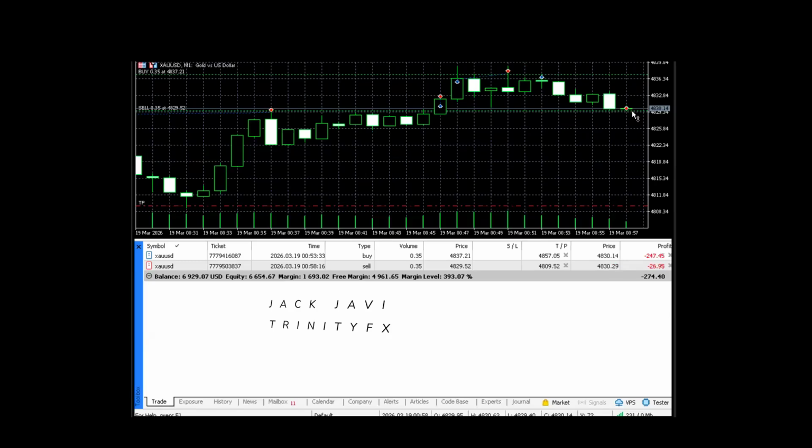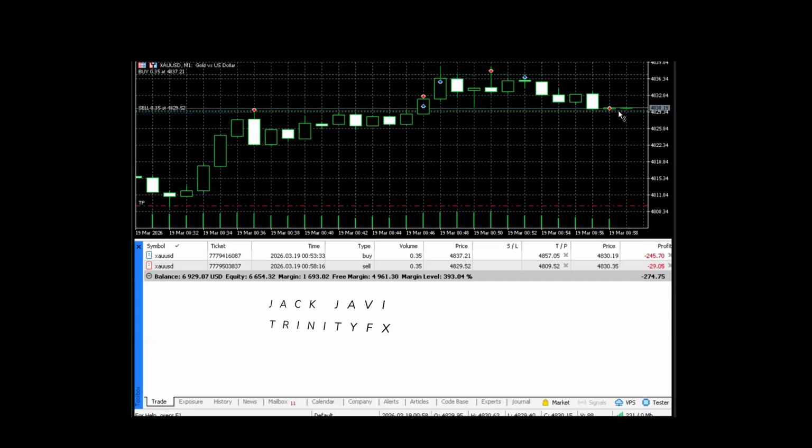Like here, this first trade just went to negative 50% loss. That is based on the 200 pips. And you can see a second trade was placed. A sell trade, same volume, no SL.